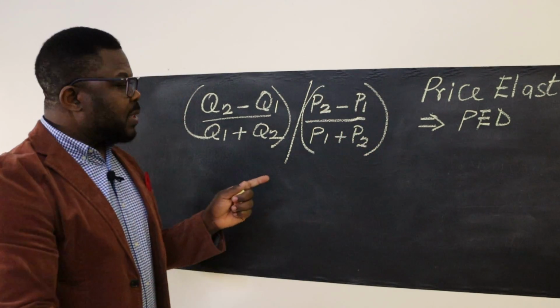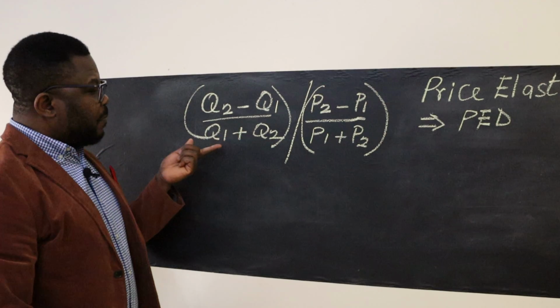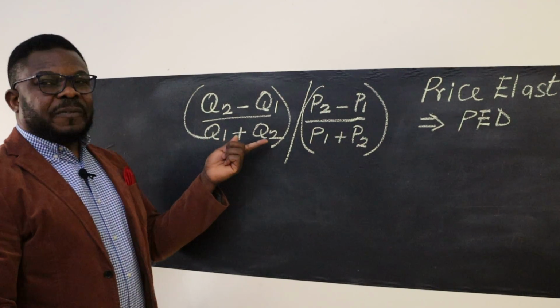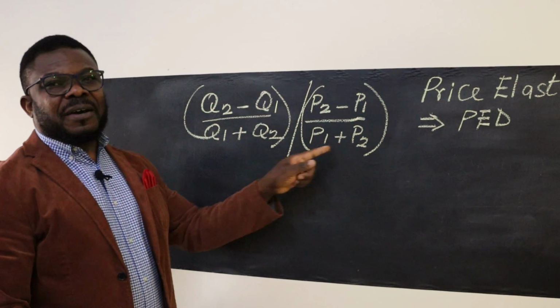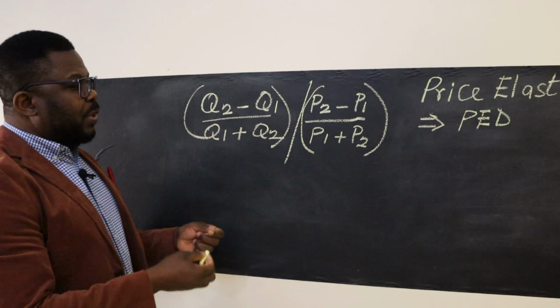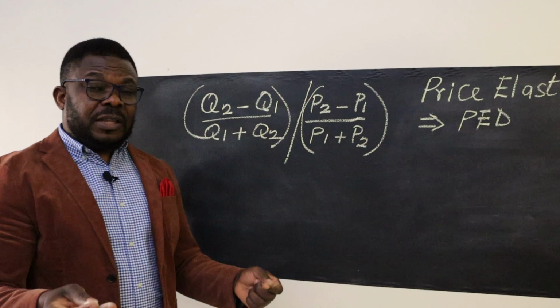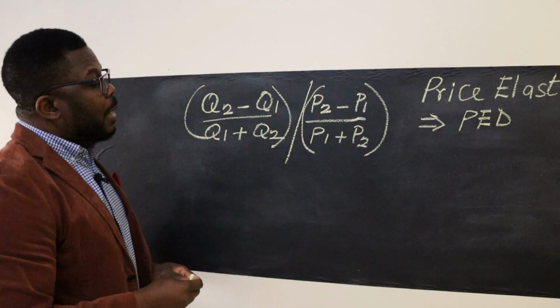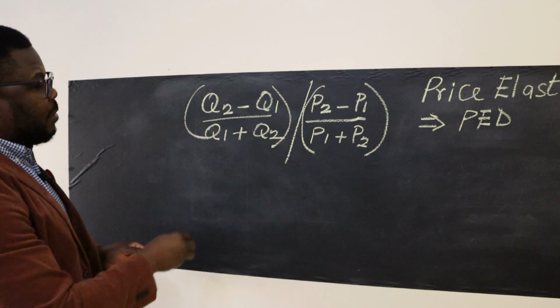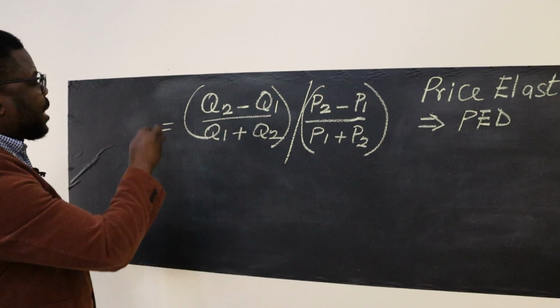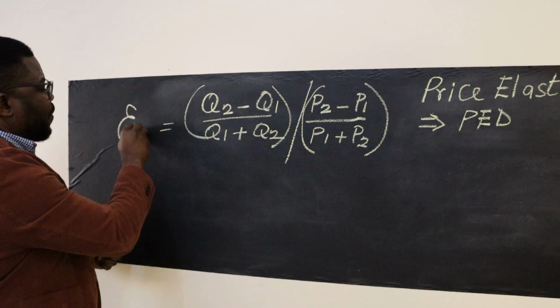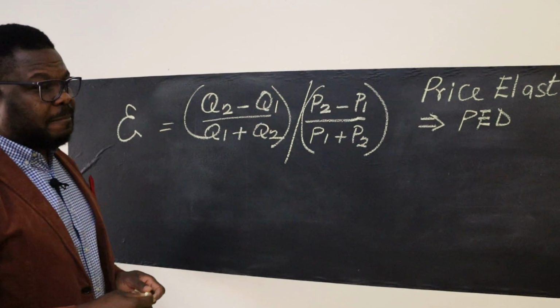In some textbooks, the values here are divided by 2, taking the averages, but because the 2s cross out, I ignore that for this video. This is normally what you see as the formula for elasticity.